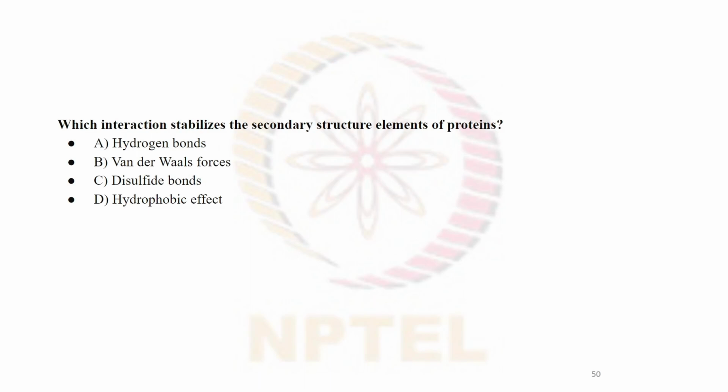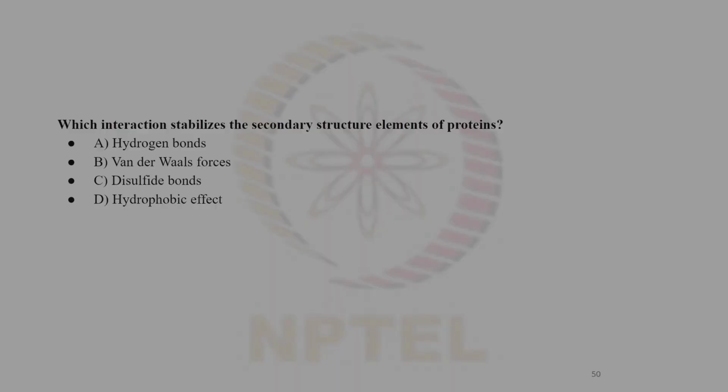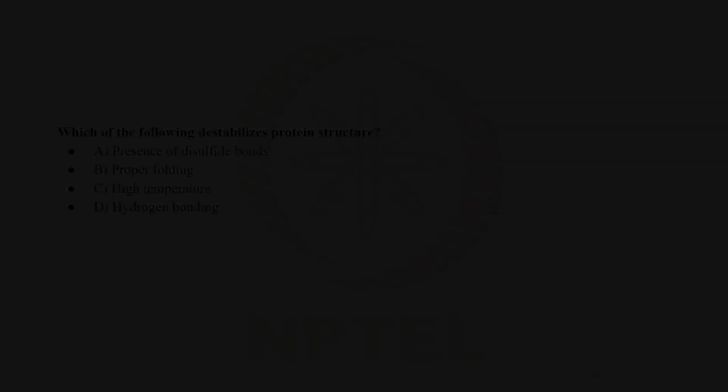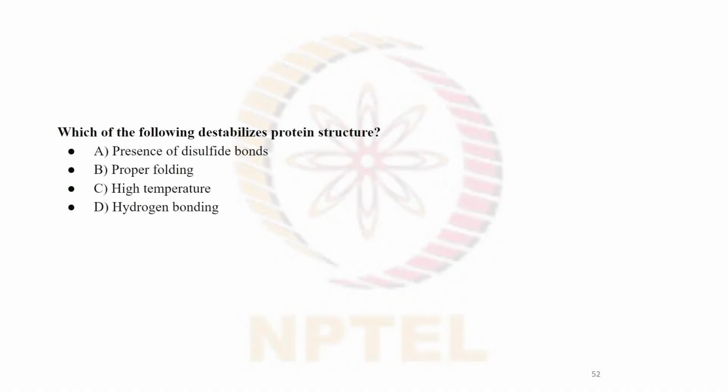What types of bonds do we generally see in secondary structure elements? If you know that, it would be easy to answer this question. The hydrogen bonds. So the answer is hydrogen bonds.